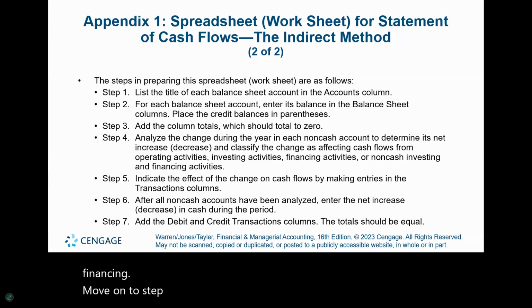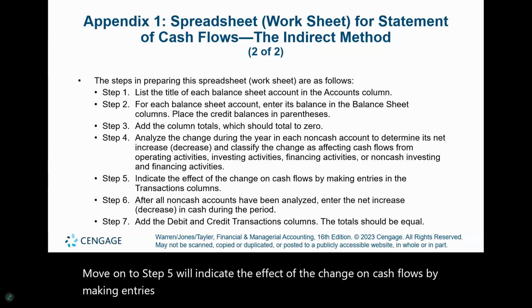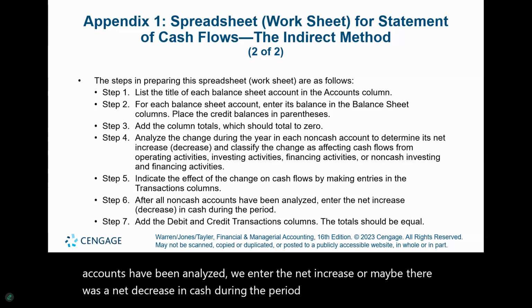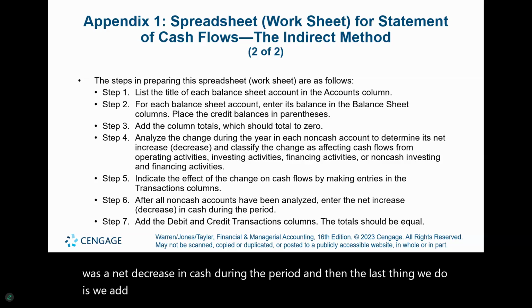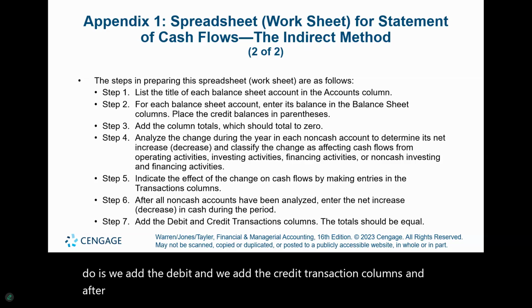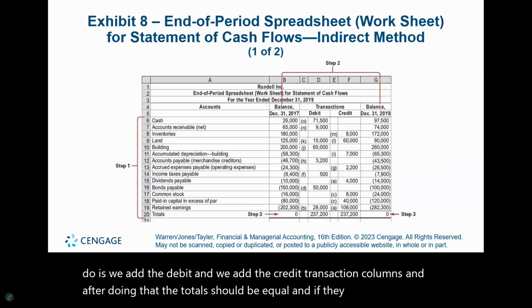We'll indicate the effect of the change on cash flows by making entries in the transactions column. After all of the non-cash accounts have been analyzed, we enter the net increase, or maybe a net decrease, in cash during the period. And then the last thing we do is add the debit and credit transaction columns. After doing that, the totals should be equal.